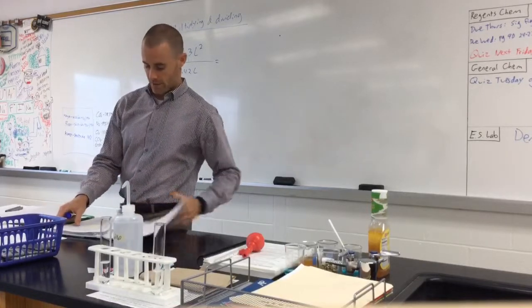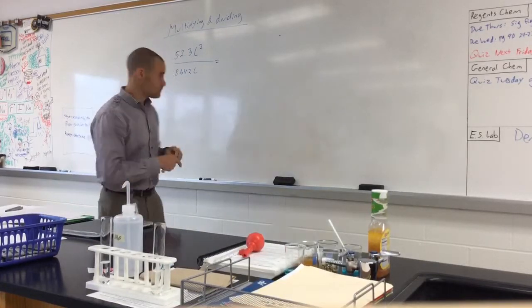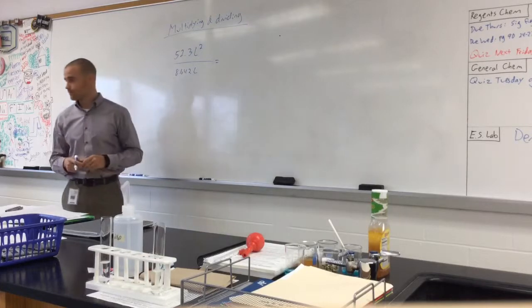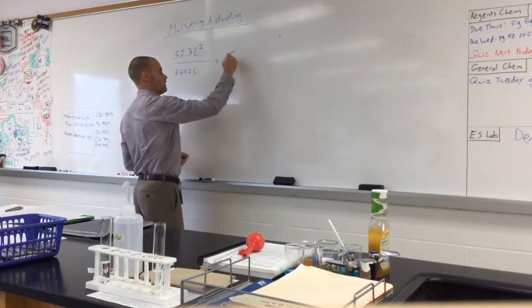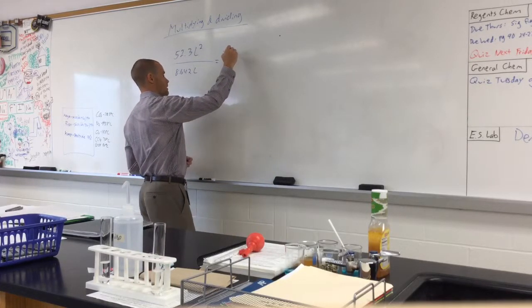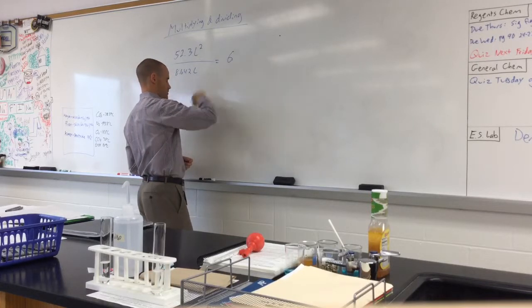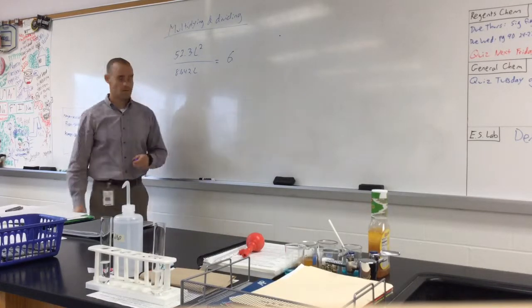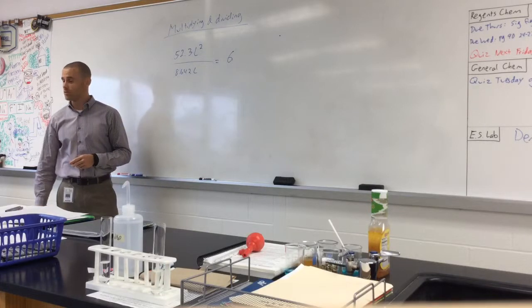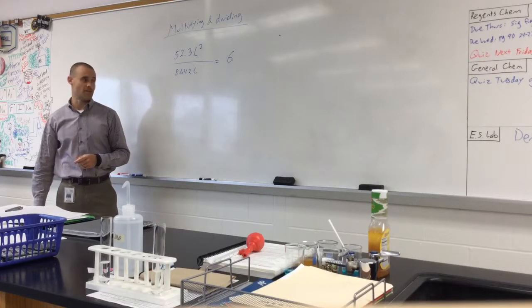When you're ready, Zach, go ahead. The whole answer? The rounded, the final answer. Oh, 6.1. But you gotta be more. There's gotta be more numbers. Oh. 6.1 isn't enough.